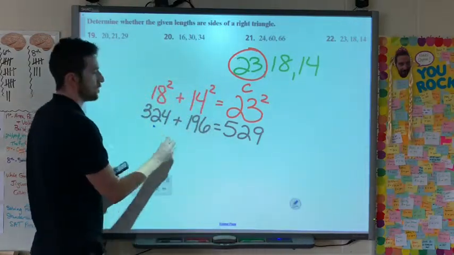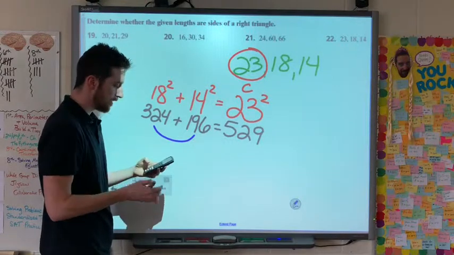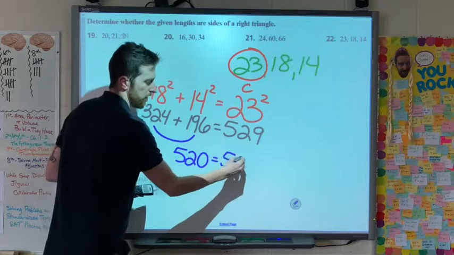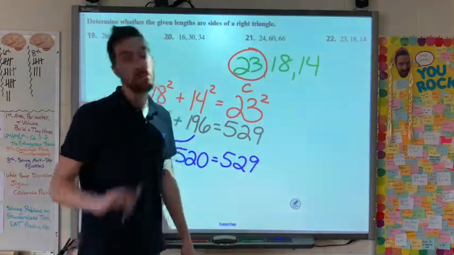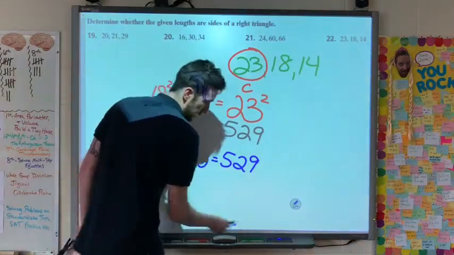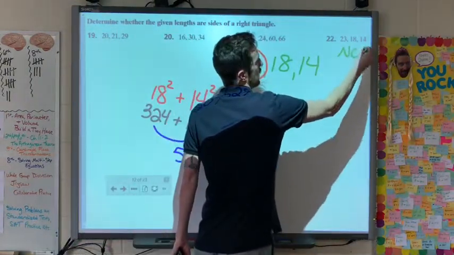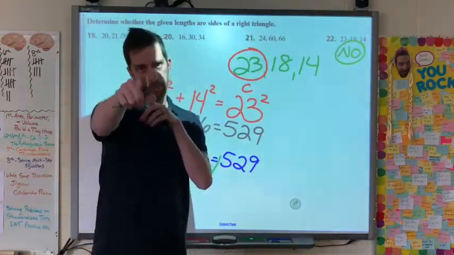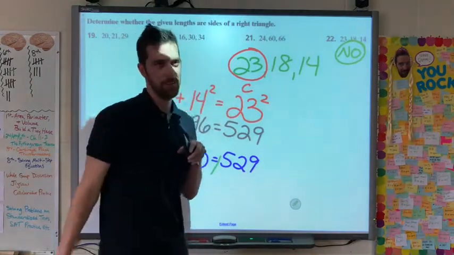If we add these together, 324 plus 196 equals 520. Does that equal 529? No, it does not. So they are not equal, so nope. They would not be sides of a right triangle. Cool?